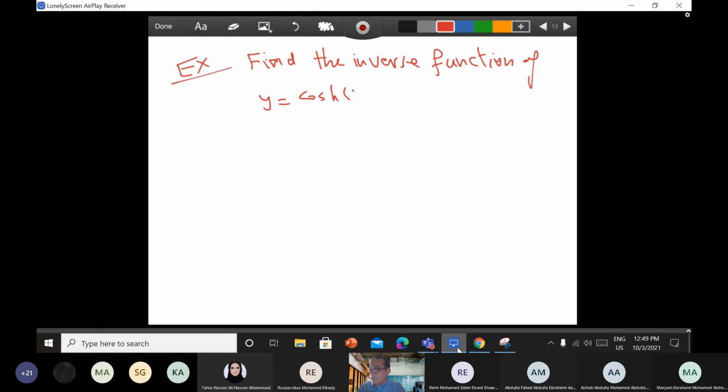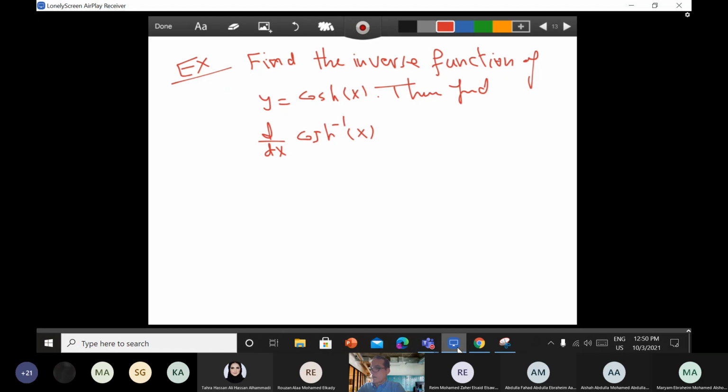So easy to ask you, and you can do it yourself. Find the inverse function of y equal to cosh x, then find d by dx for cosh inverse x.